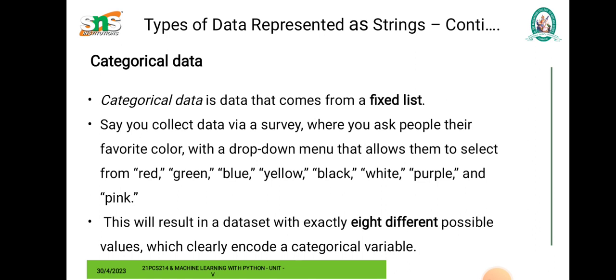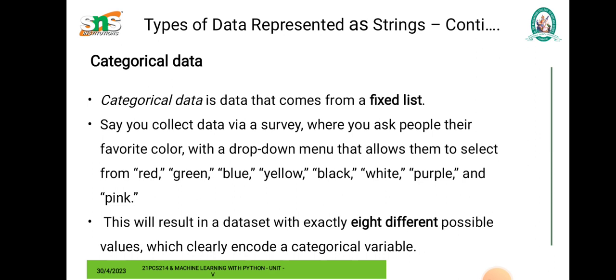So what is categorical data? Categorical data is the data that comes from a fixed list. That is, if we know the number of students or number of things in a particular list, then it is called as categorical data.